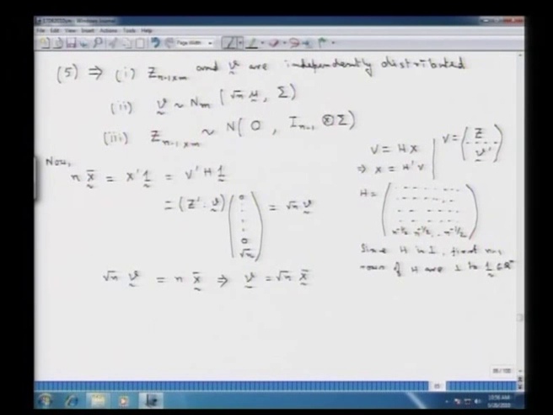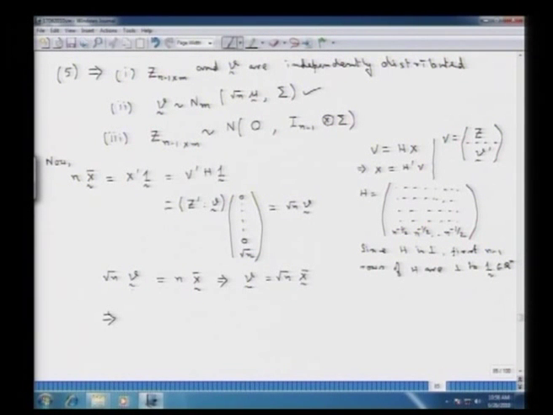Now, we know what is the distribution of V, we have already obtained that, and hence from there we can derive what is the distribution of this x bar. So, this would imply from this observation that V has got this multivariate normal N(root n mu, sigma) distribution.